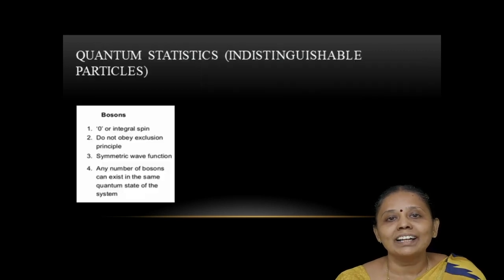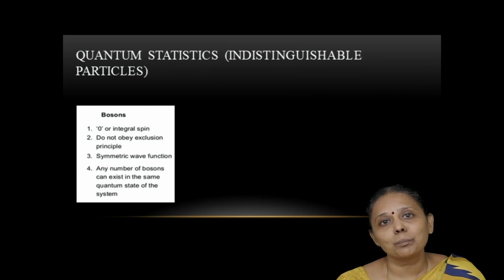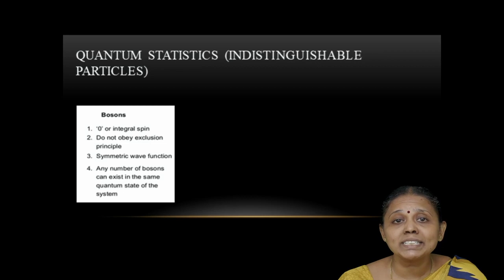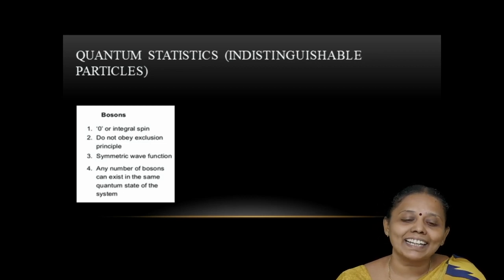Here comes the difference between the two particles, bosons and fermions. Bosons are the particles having either zero or integral spin. They don't obey Pauli's exclusion principle, and they obey symmetric wave functions. So any number of bosons can exist in the same quantum state.